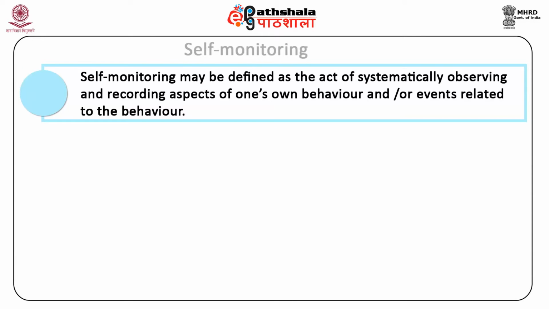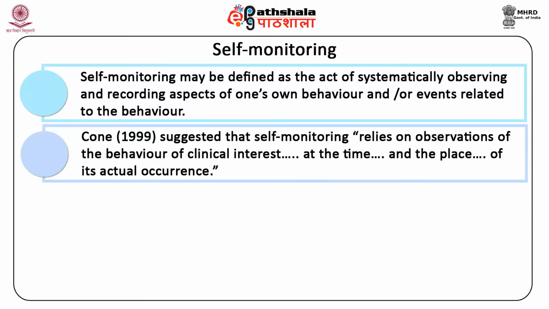Self-monitoring. Self-monitoring may be defined as the act of systematically observing and recording aspects of one's own behavior and/or events related to the behavior. Cone suggested that self-monitoring relies on observations of the behavior of clinical interest at the time and the place of its actual occurrence.